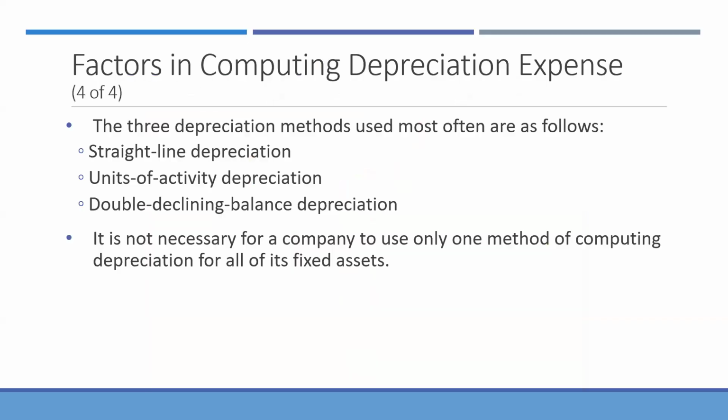And it's not necessary for a company to use only one method of computing depreciation. Companies have an entire fixed asset listing. They list all their assets and they're divided into all the types of assets: equipment, buildings, cars, land improvements.